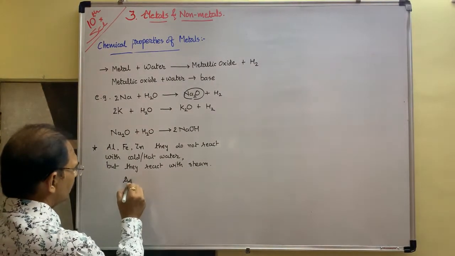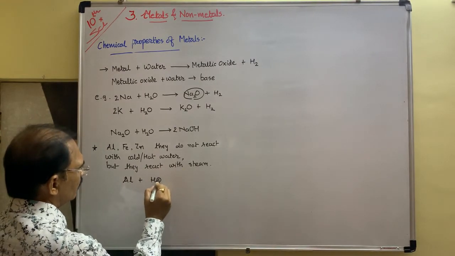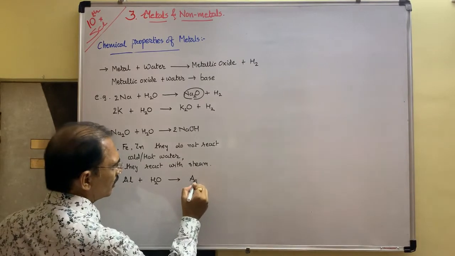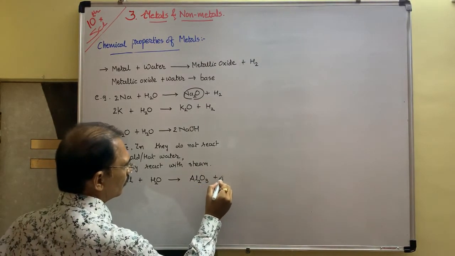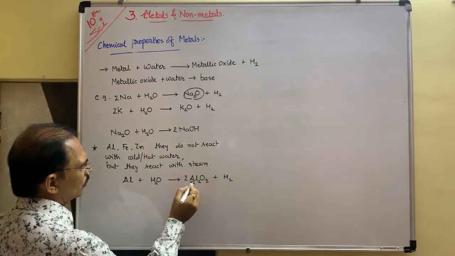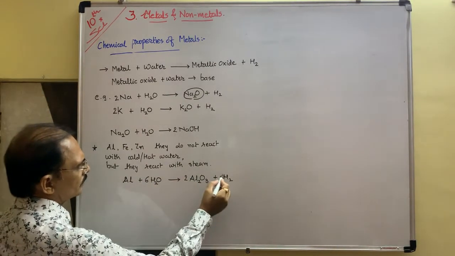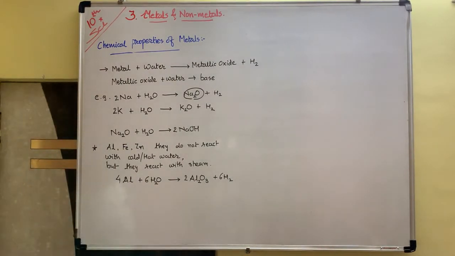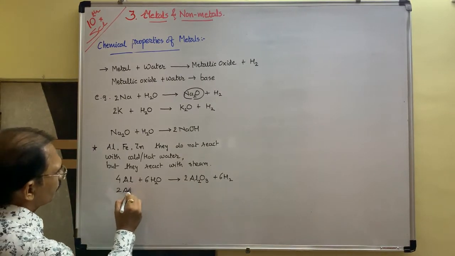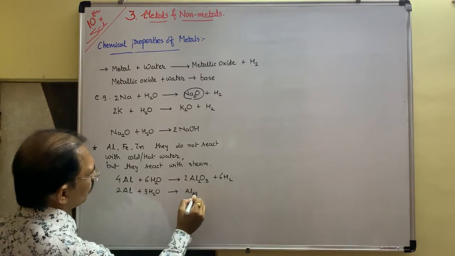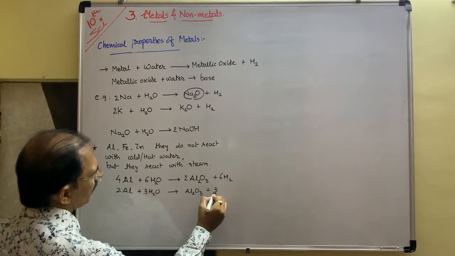Aluminium when it reacts with steam, means H2O, forms aluminium oxide, Al2O3, and hydrogen gas is released. 2 3s are 6, 2 2s are 4. Okay, or you can write like this: 2 aluminium plus 3 H2O gives Al2O3 plus 3 H2.